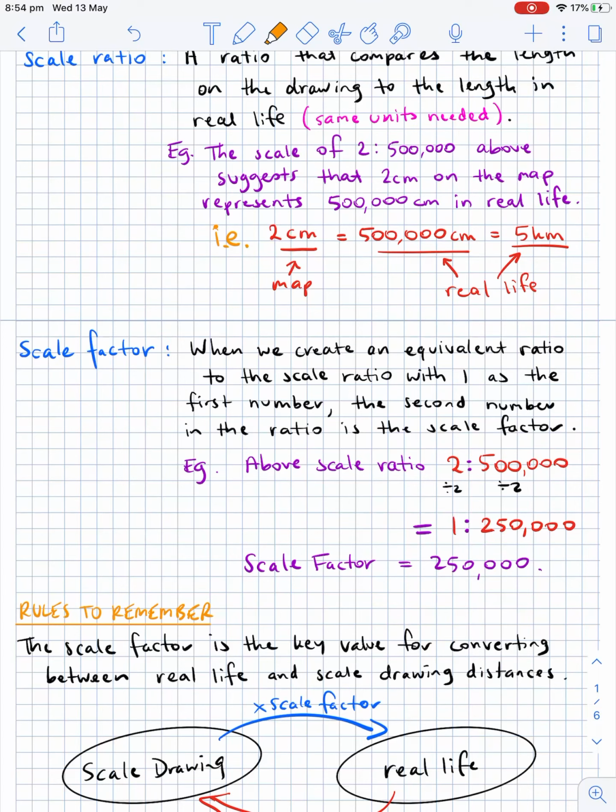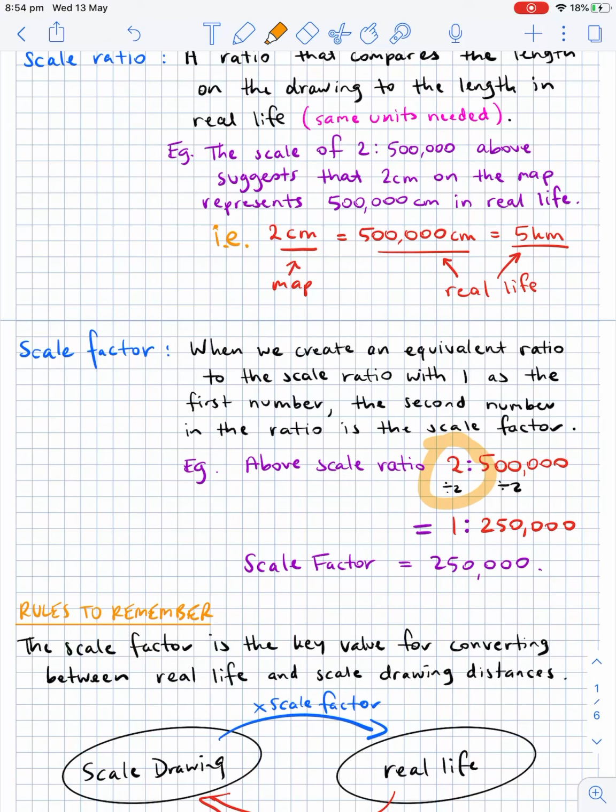So the above scale ratio was 2 to 500,000. That's what we gave you. Now we want to figure out the scale factor. The way to do that is to make the first number become 1. So how do we do that? Well, what you do to one side, you want to do to the other side. So if I want this to turn to 1, I'm going to divide it by 2.